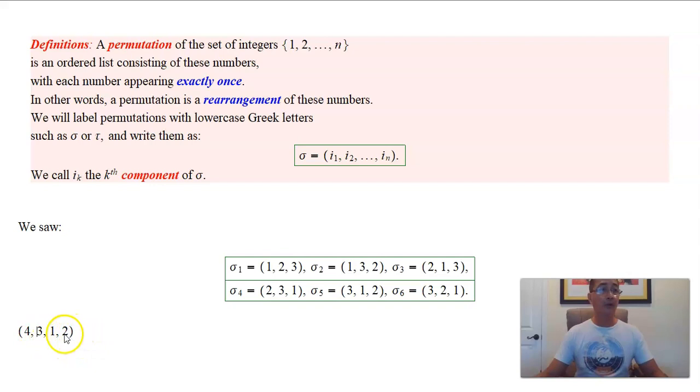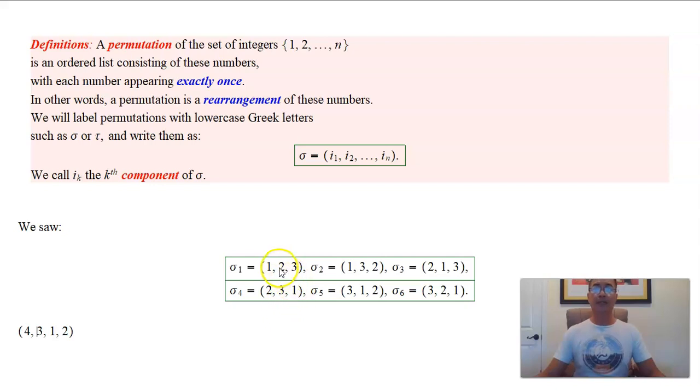I can also choose to put the 4 after the 3 instead, or after the 1, or after the 2. So, how many was that? There are 4 ways to create a permutation of 1 through 4, starting with 3, 1, 2. And of course, you can do that with any of these 5 other permutations.